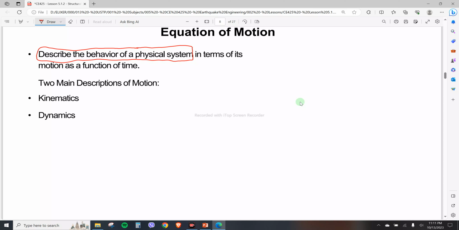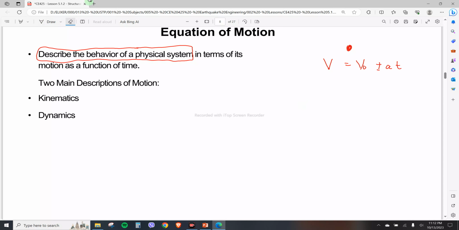Like in your lower years in dynamics of rigid bodies, you try to describe the motion of a particle, like a projectile. You have formulas like the final velocity is equal to the initial velocity plus or minus the acceleration times the time, etc.